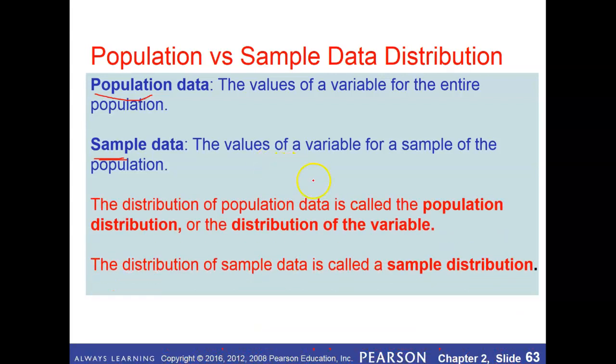The distribution of population data is called the population distribution, and when we compare that to the sample distribution, that's simply the distribution of a sample of the population.